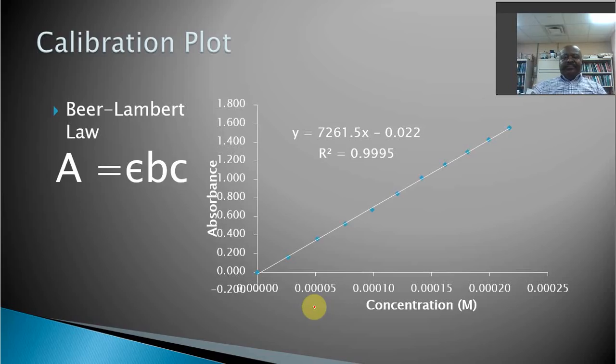How do we do this here? This is how. 4 milliliters in a cuvette of 0.200 molar iron 3 plus. React that with 0.1 milliliter increments of 0.002 molar thiocyanate.